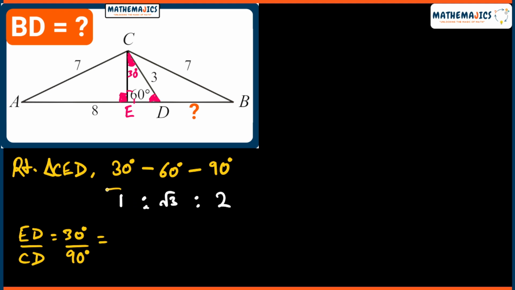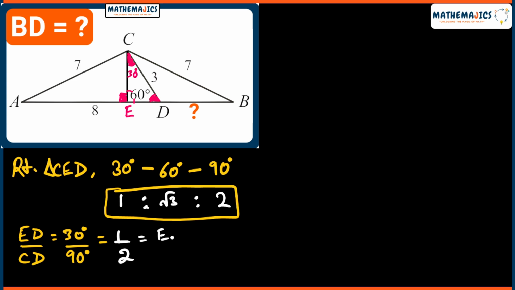It is 1 and 2. So let's use this 1 and 2 to find the length of ED. What is CD? CD is given as 3. If we solve this, we will get ED equals 3 by 2, which is 1.5.